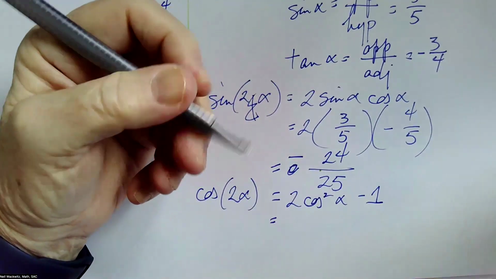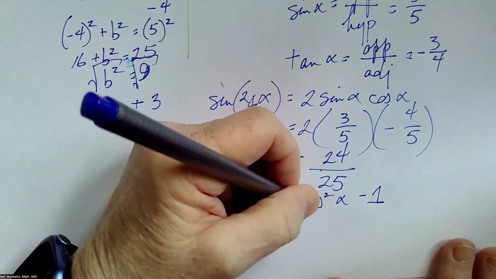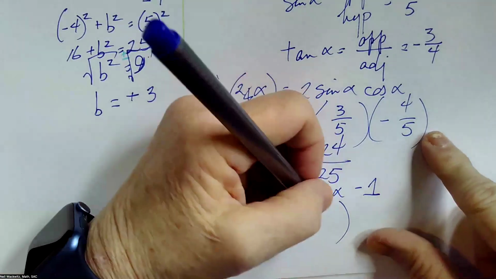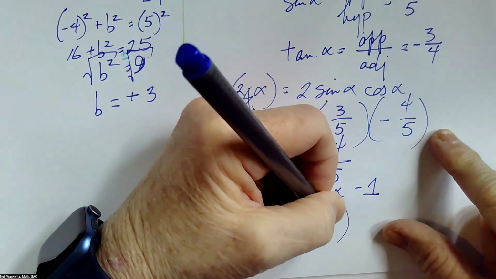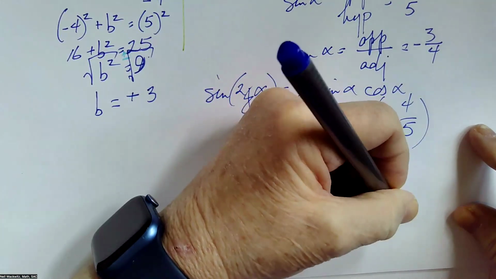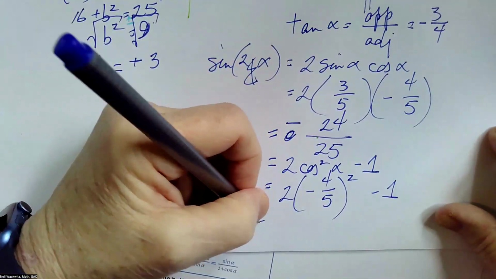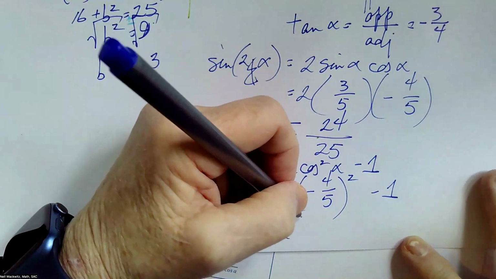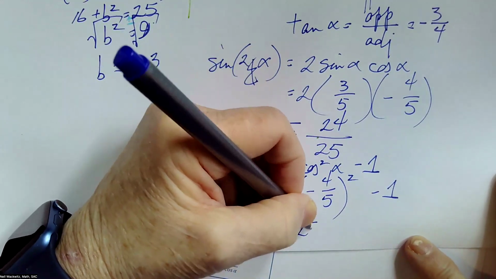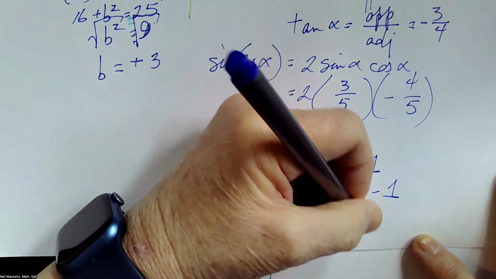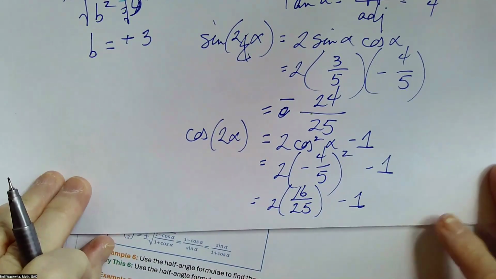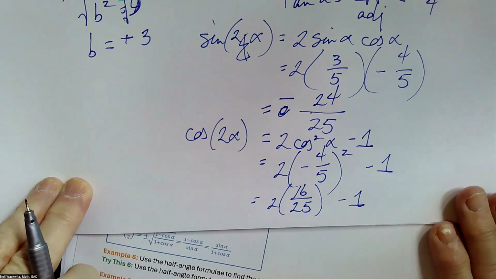So we've got, let's see, cosine we said was -4/5. So we get, let's see, -4/5 squared is positive 16 over 25. 2 times 16 over 25 is 32 over 25.